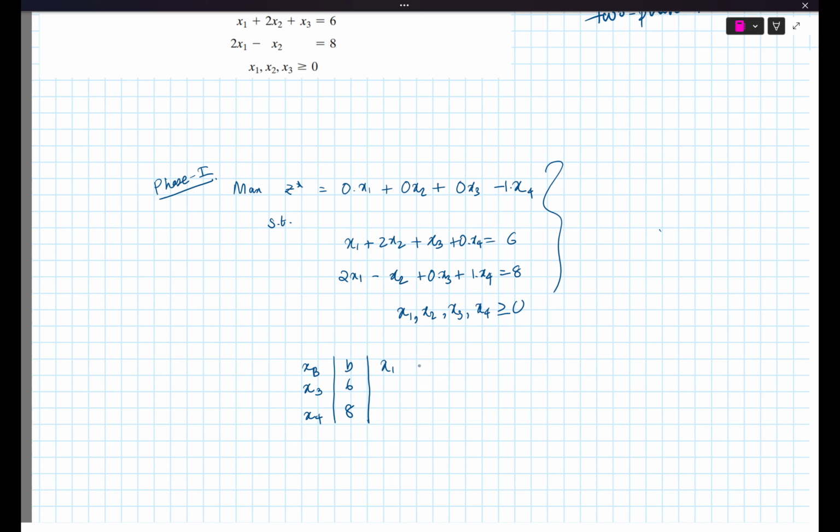I have x1, x2, x3, x4, this will be 1 2 1 0, 2 minus 1 0 1, and I'll have Cj, which is 0 0 0 minus 1, and Cb is minus.